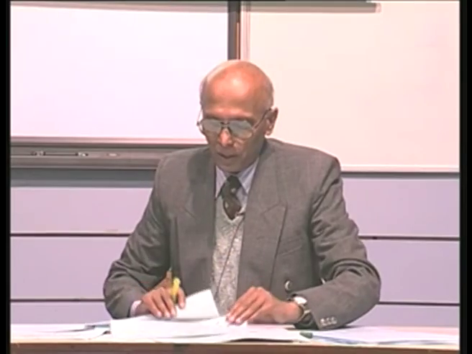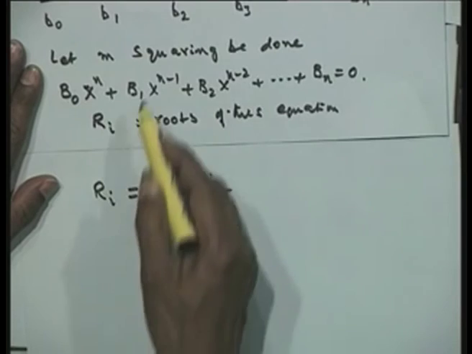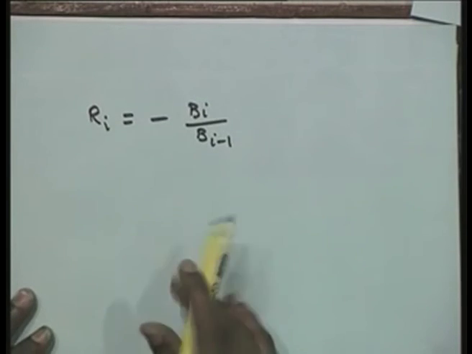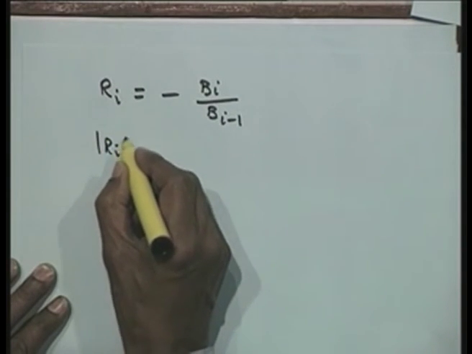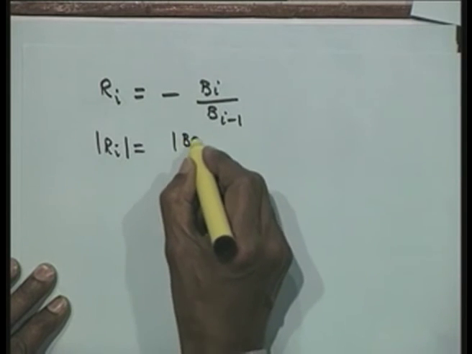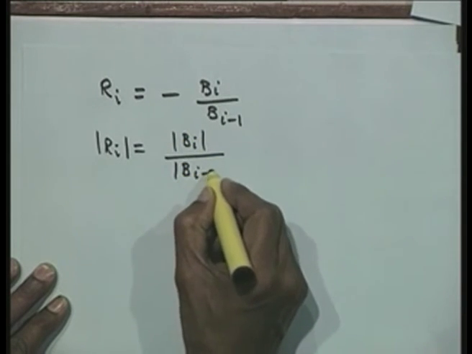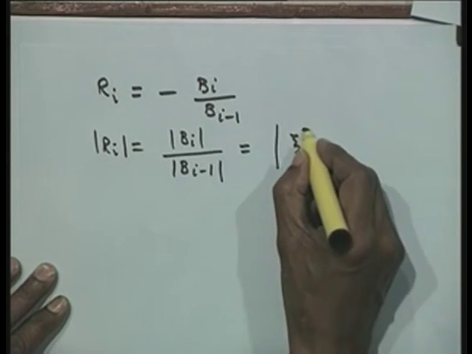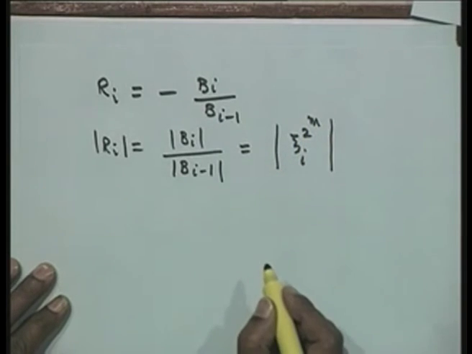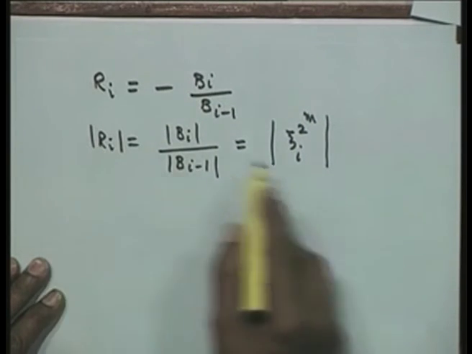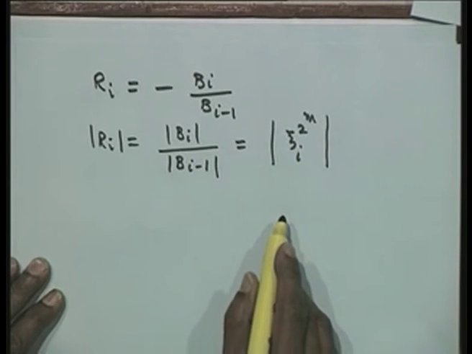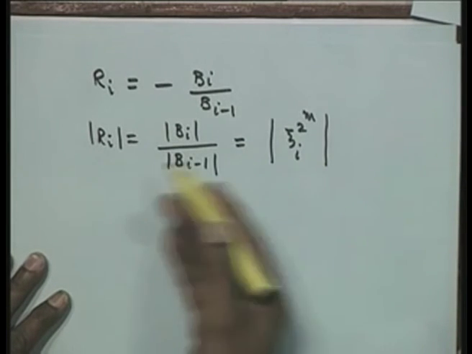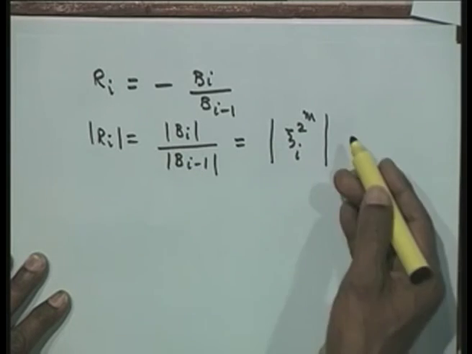I will put the previous slide here. From this equation, I will be able to straight away write down the required approximations. Once I write this, I will find its magnitude: the magnitude of Ri to the power of 2 to the power of m equals the magnitude of bi by the magnitude of bi minus 1. This is the simple equation from which I must find the value of the approximate root. Let us take the logarithm on both sides.